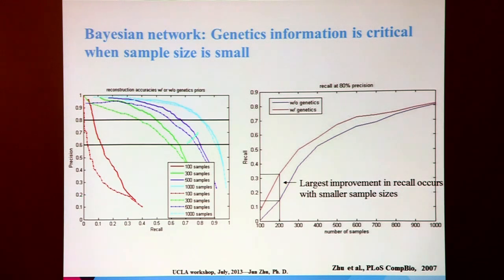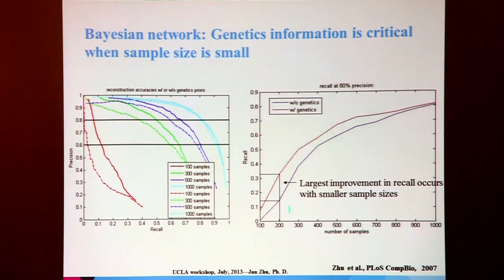On the other hand, you can see how much improvement depends purely on the number of samples. At a large number of samples, these two curves are very close to each other, but at a lower number of samples the gap is larger.